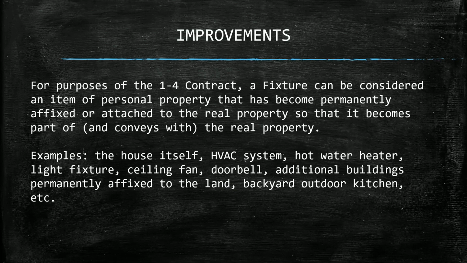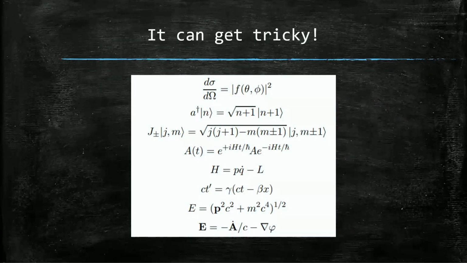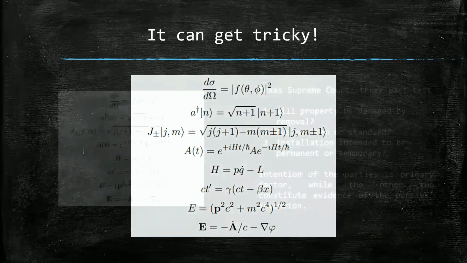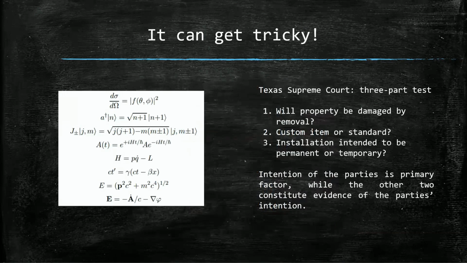That's a fixture. The reason we're talking about this is it can get a little tricky, and sometimes these become important points in our negotiations. The Texas Supreme Court has come up with a 3-part test to determine whether an item is a fixture and whether it is permanently attached to the property such that it's going to convey with the house.